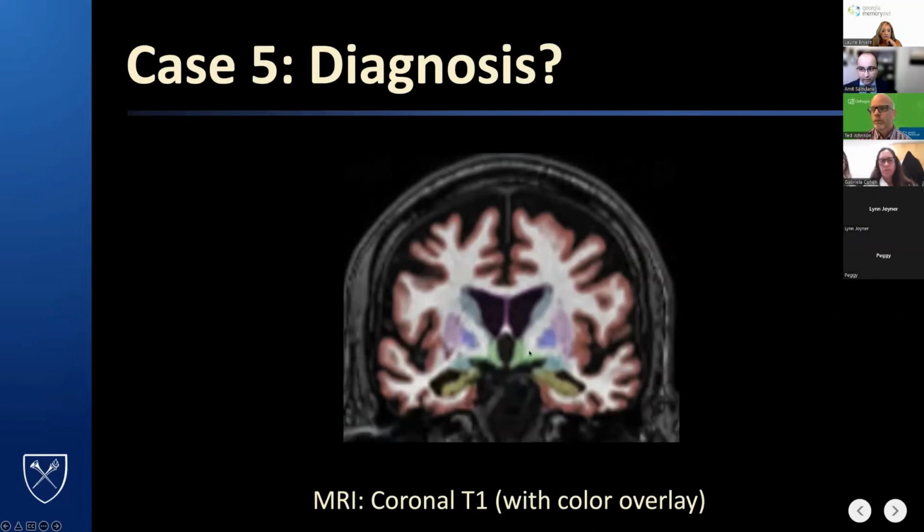And that is exactly right. So a shrunken hippocampus here, so we can see the hippocampus here is outlined in yellow. We have enlargement of the temporal horn, and this is actually quite large relative to the rest of the ventricles. And so that's a tip off here.